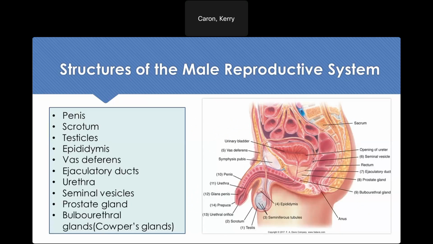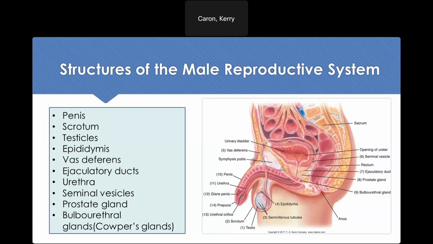This is a mid-sagittal view of the male reproductive system. There's the penis and scrotum. Inside the scrotum are the testicles, which are the primary organs as they produce sperm. The epididymis is like a storage center or storage tank for sperm. The vas deferens is your tube leading to the urethra.